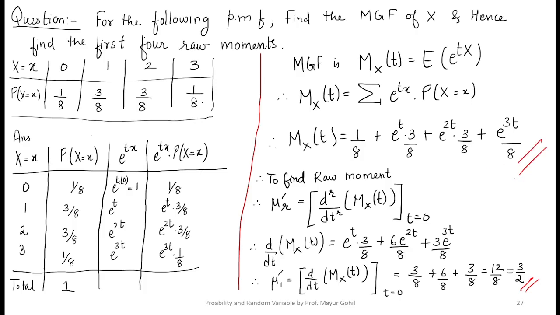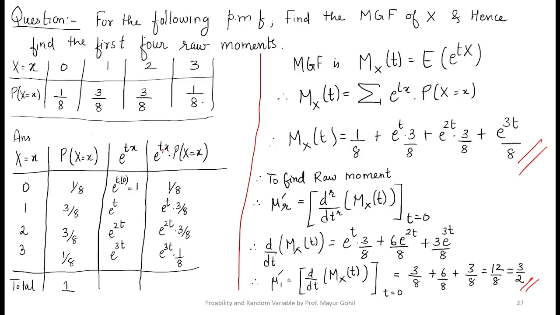So the procedure is that whatever PMF is given to us, you first calculate the table properly. Make the table of e to the power tx and e to the power tx into p of x. You get the values properly. Once you get those values, you add them up, and you go on taking derivatives. Each time you evaluate at 0.